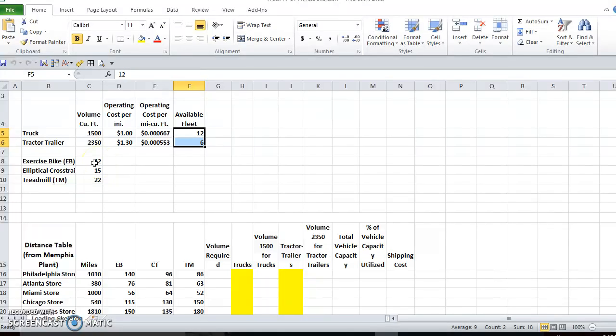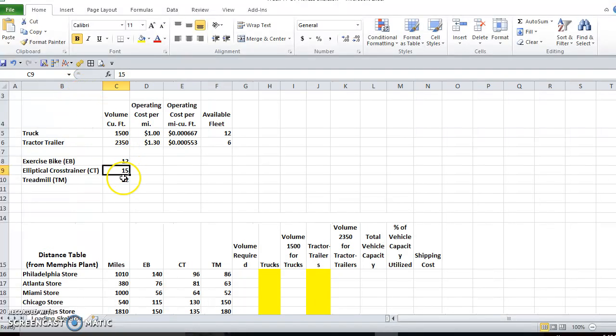In addition to that, we've got the exercise bike, the elliptical cross trainer, and the treadmill. And this is the square footage that you need for each one of these products. For instance, an exercise bike is 12 square feet, and for your Philadelphia store, you've got 140 square feet that you need to take care of.